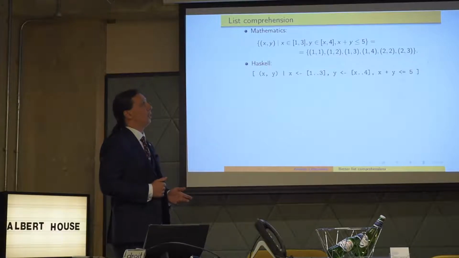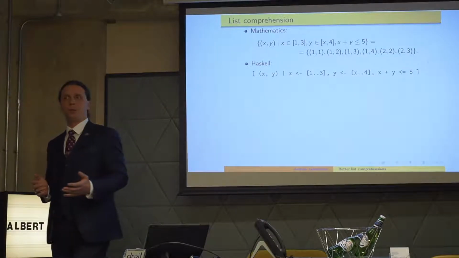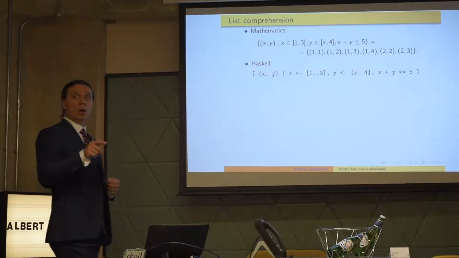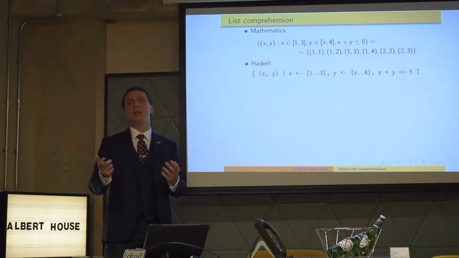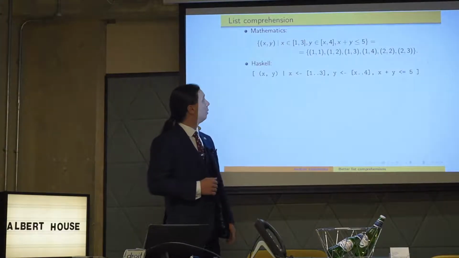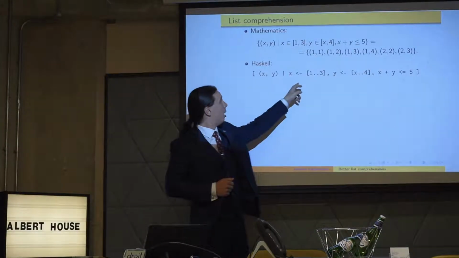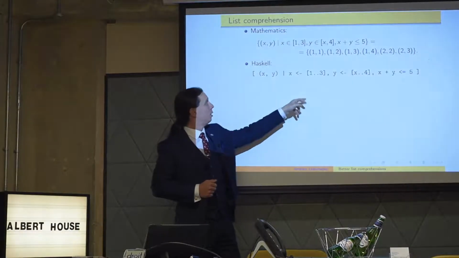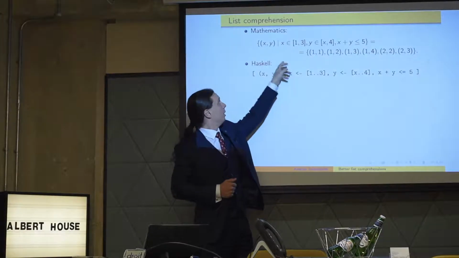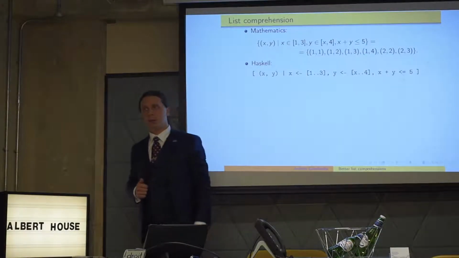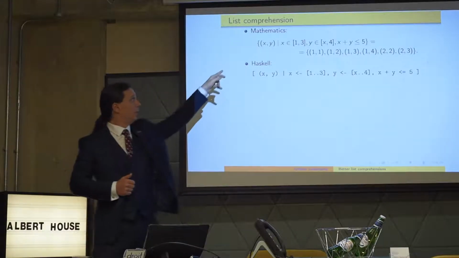The only difference is that mathematicians usually describe intervals putting a comma between begin and end, and in Haskell we just put 2 dots. So just don't get confused. If I'm writing some Haskell code and I denote intervals in this way, this is 1, 2, 3, and if I'm writing some mathematical formula, then I will denote intervals in that way.